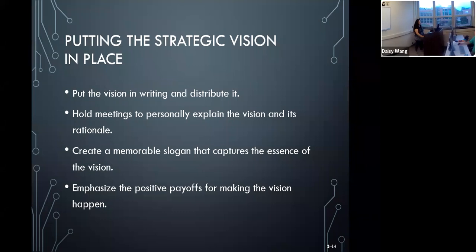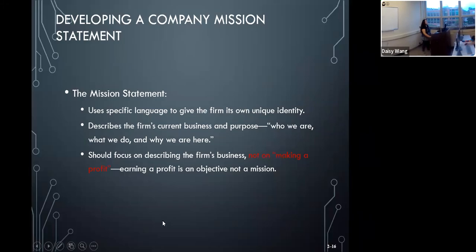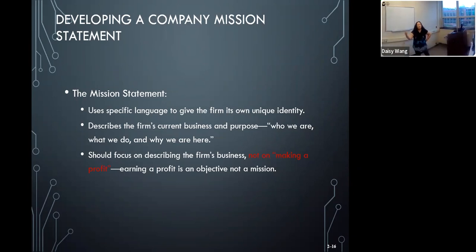So the next thing, this we kind of talked about. The next thing is the mission statement. The vision statement tells us where we are going. The mission is who we are, why we are here, what we do.